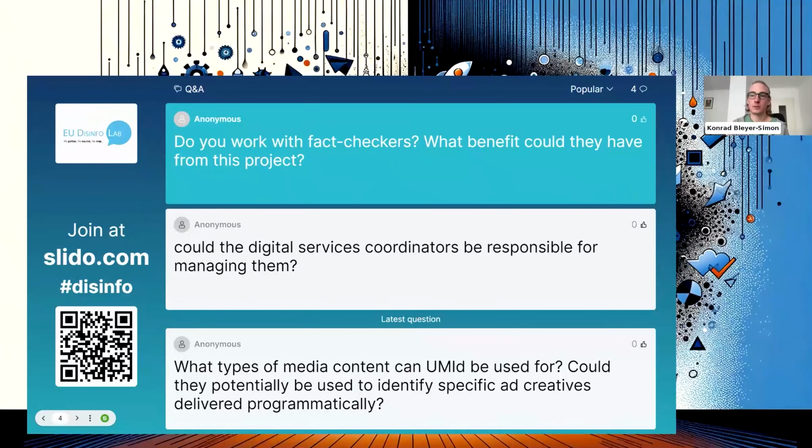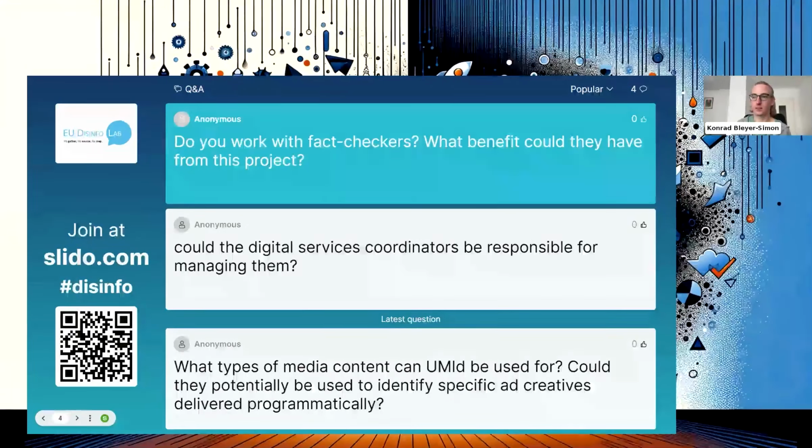But when it comes to assessing the sources of an outlet, that is a possible use of the unique media identifiers, or where it's published, or whether the same content was then republished by the same actor under a different name, or someone else. So to understand the whole environment of disinformation, I think it makes sense, and it can also speed up the fact-checking process, in my opinion.